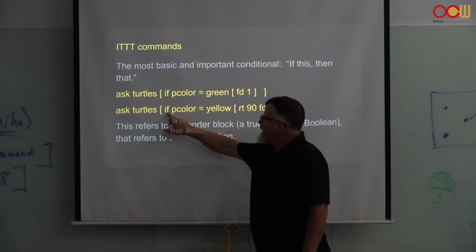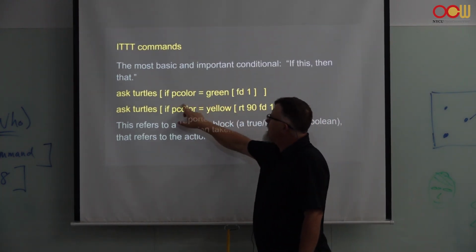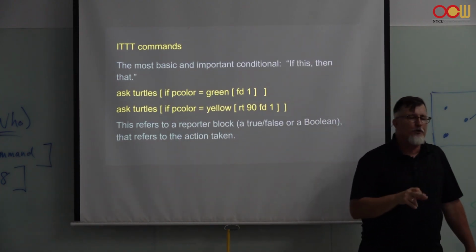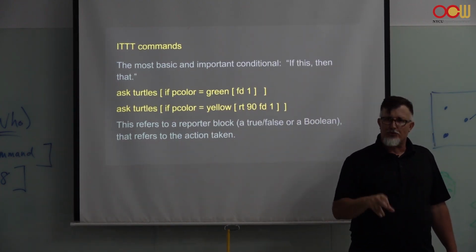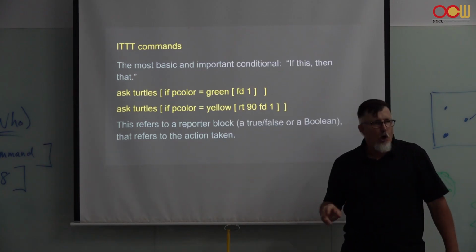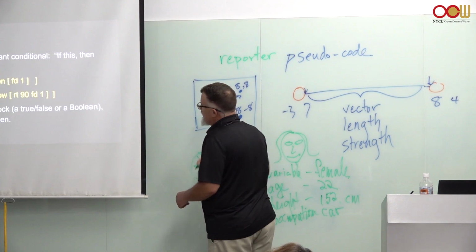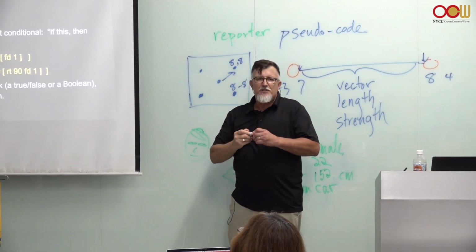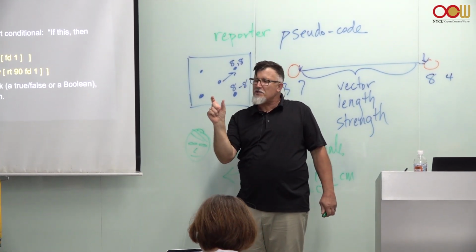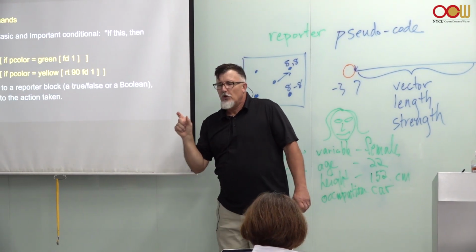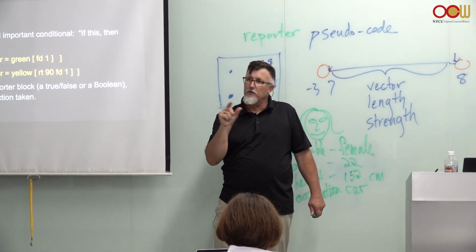Always in here for if, what it's doing is telling you to look at the world and tell me whether or not a certain condition is true. That is called a reporter. That means that a certain snip of code, a certain little piece of code, reports to the turtle that's looking at something.